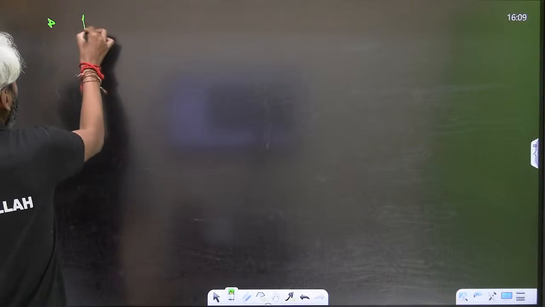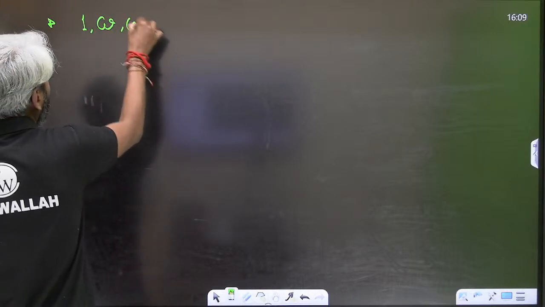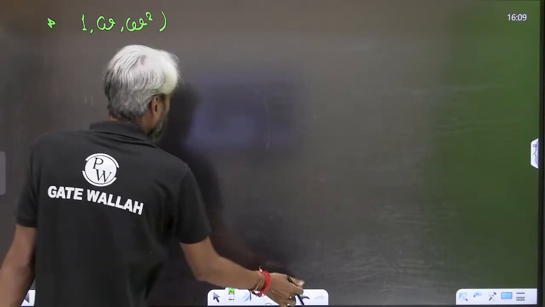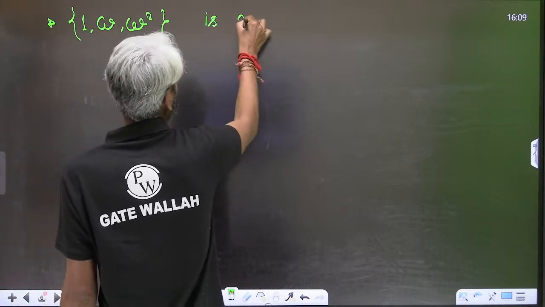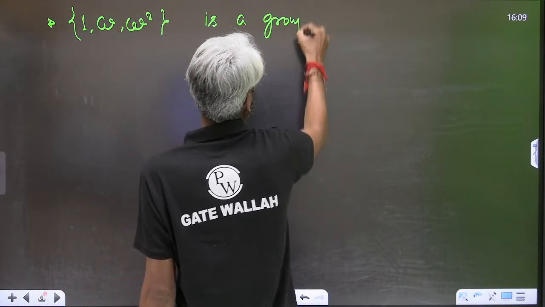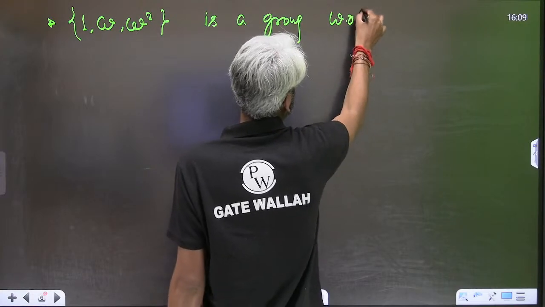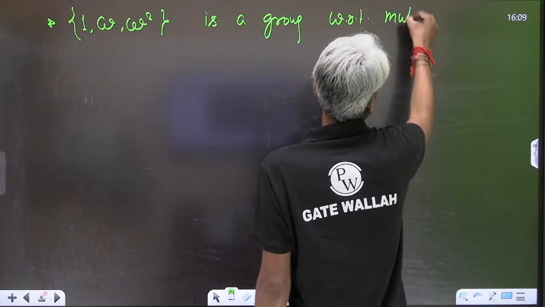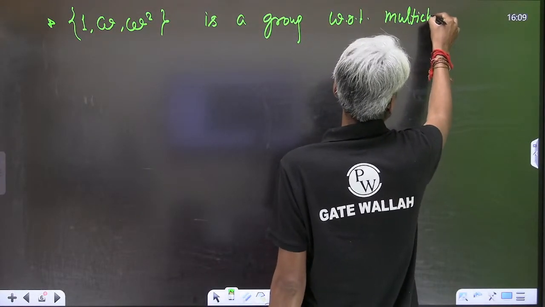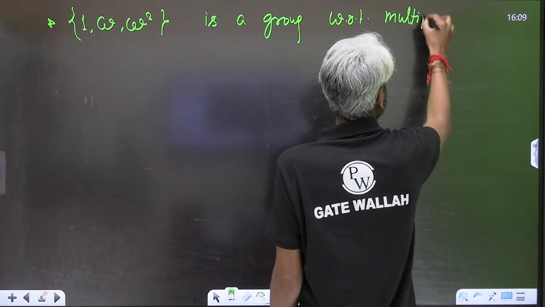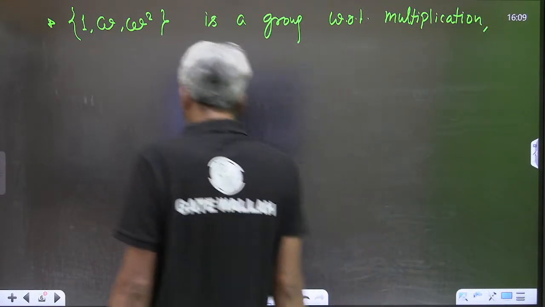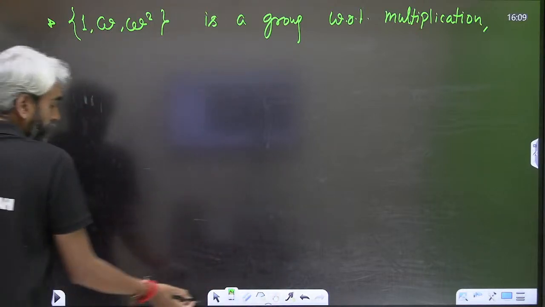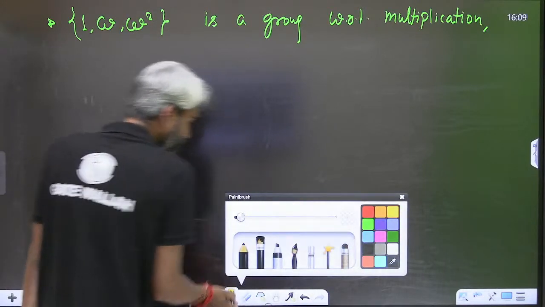The set 1, omega, omega square is a group with respect to multiplication. Now, let's check whether it is a cyclic group or not.